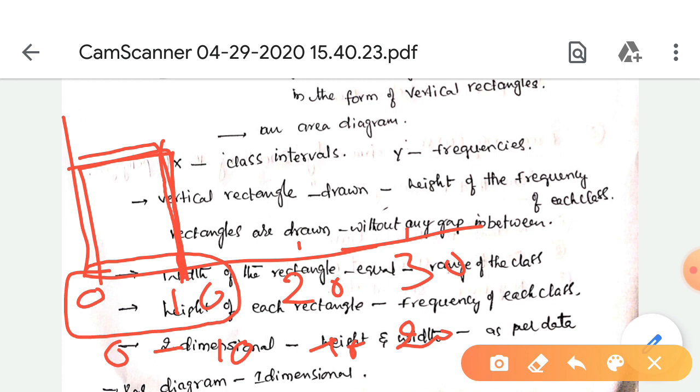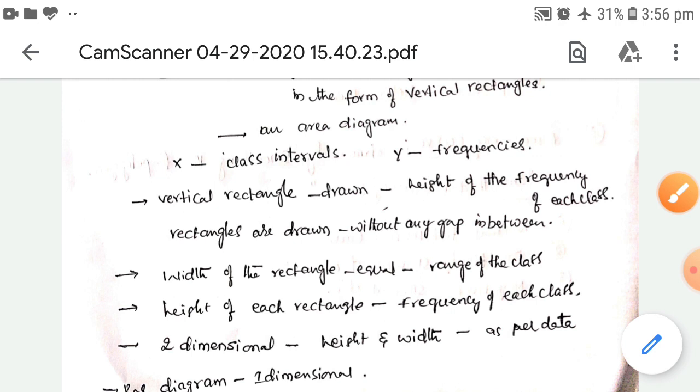For 10 to 20, and 20 to 30, the vertical rectangle width should be equal to the range of the class. The height of each rectangle is equal to the frequency of the class.